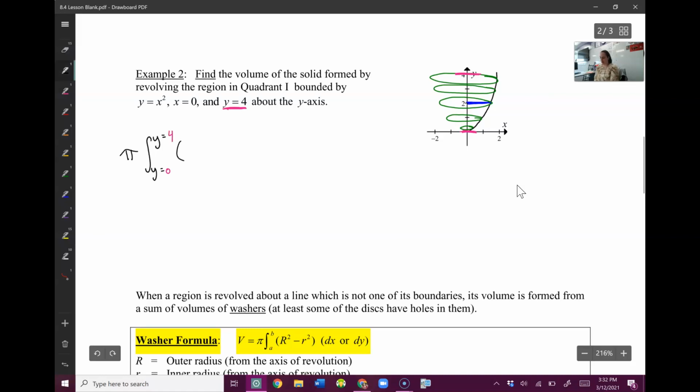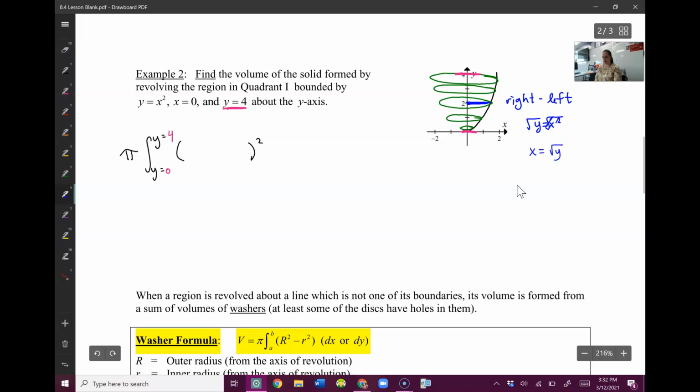Now, I'm still going to get pi r squared. But r this time is going to be the right minus the left. And because this is perpendicular to the y-axis, I've got to take my equation and solve for x. So x is the square root of y.